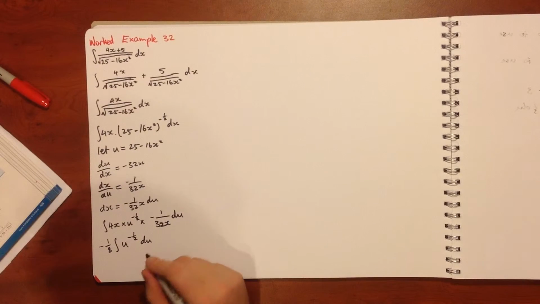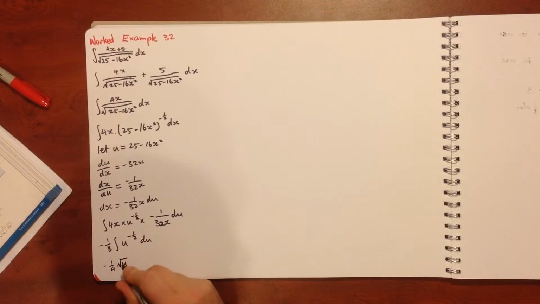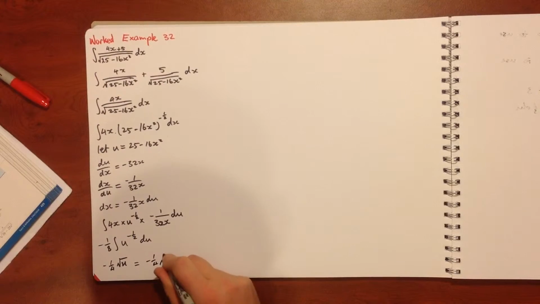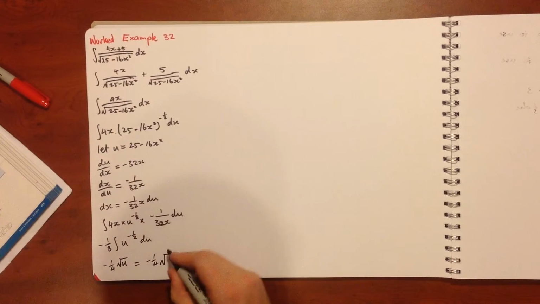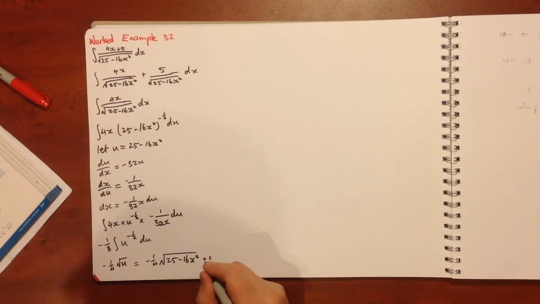When we simplify, we end up with negative 1/4 times the square root of u, which when we sub our u back in equals negative 1/4 times the square root of 25 minus 16x squared. And you say plus c if you like, which we'll need at the end, but we can just do one constant at the end, it doesn't matter too much.